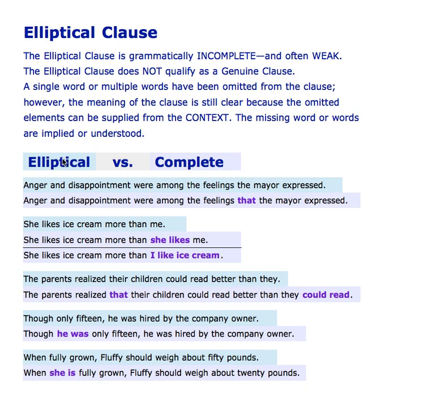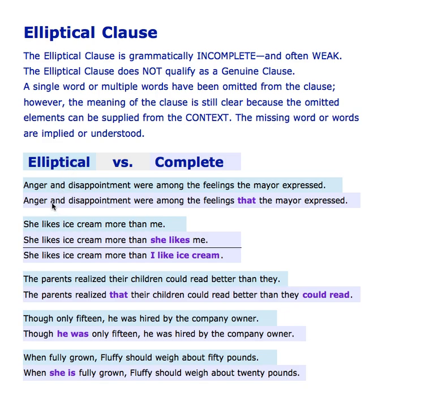But here's an example. Here's an elliptical sentence or clause versus a complete sentence. Here's the elliptical: Anger and disappointment were among the feelings the mayor expressed. Now that's elliptical. In other words, something has been omitted.